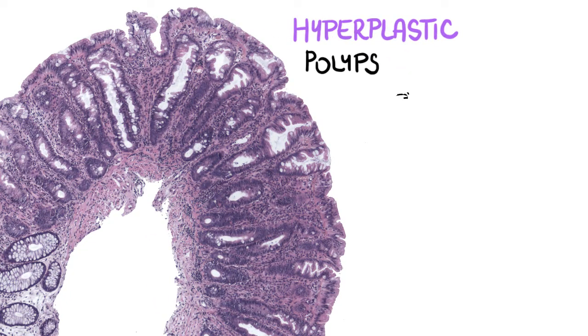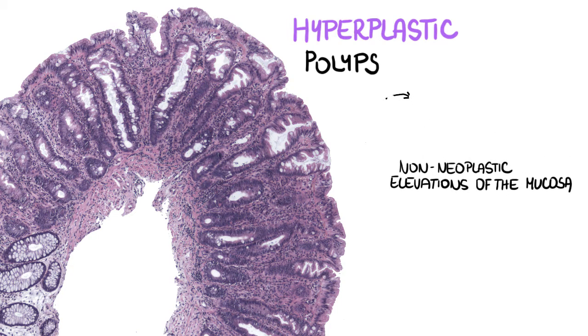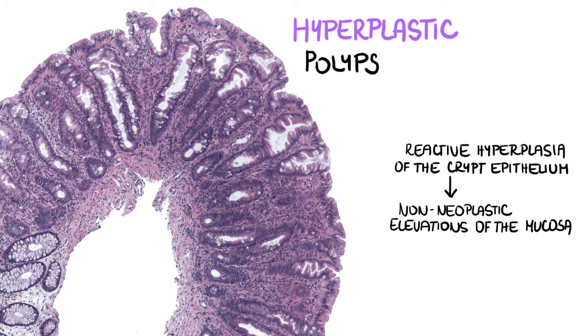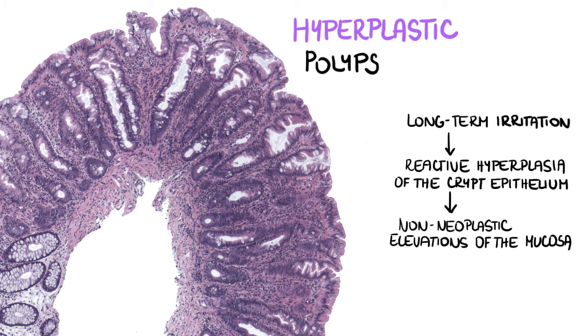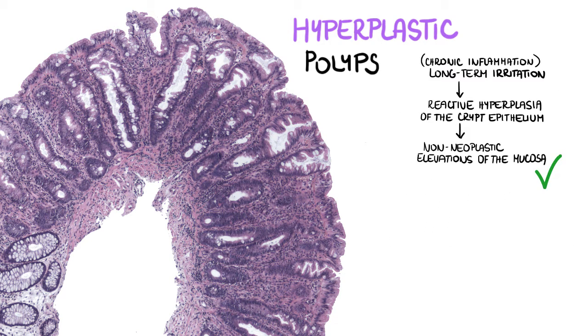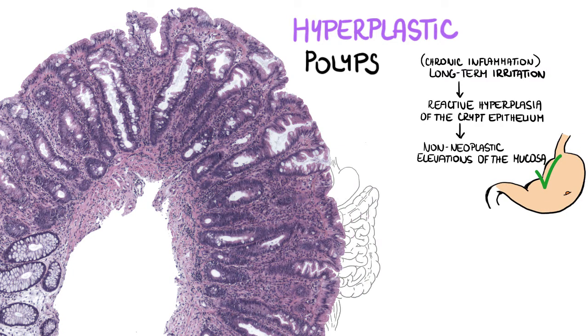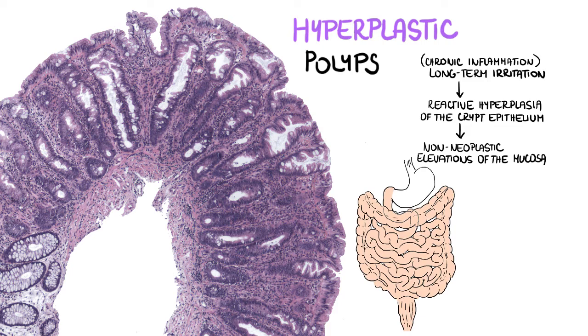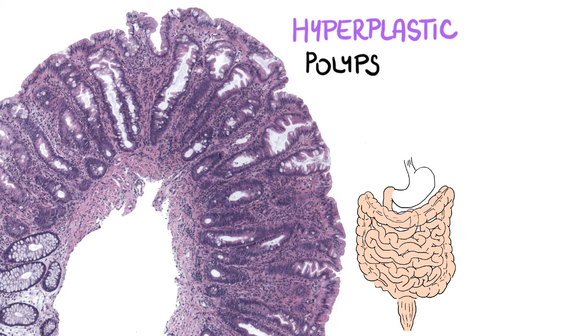For a long time, hyperplastic polyps were considered to be non-neoplastic polypoid elevations of the mucosa, caused by reactive hyperplasia of the crypt epithelium as a consequence of long-term irritation, for example, chronic inflammation. This theory might be correct for some localizations, for example, the stomach, but in the intestines, the situation is more complex.